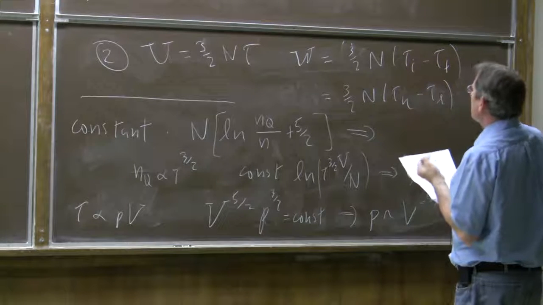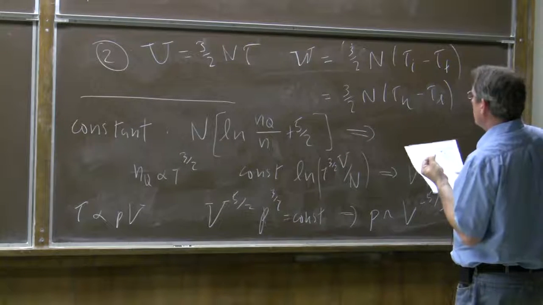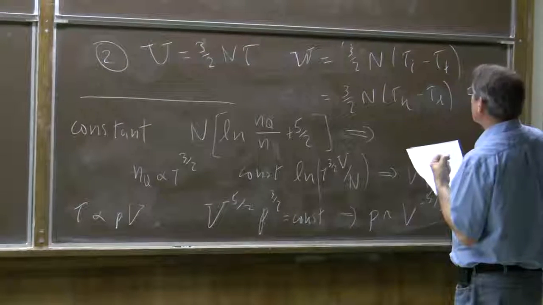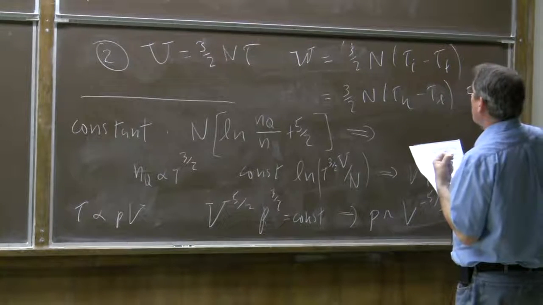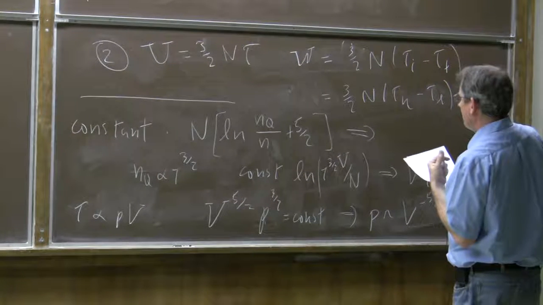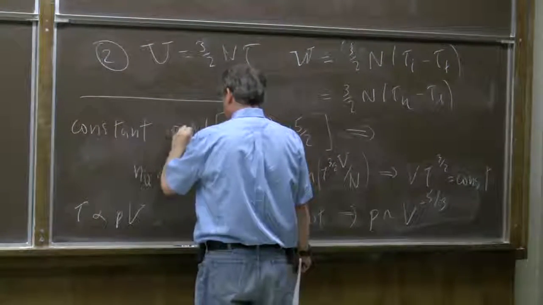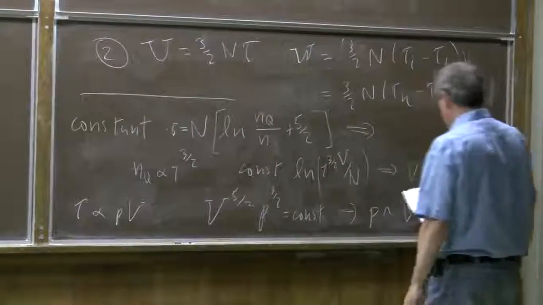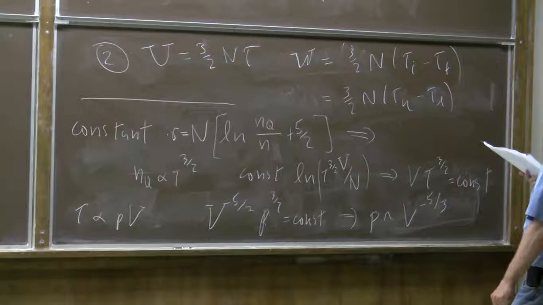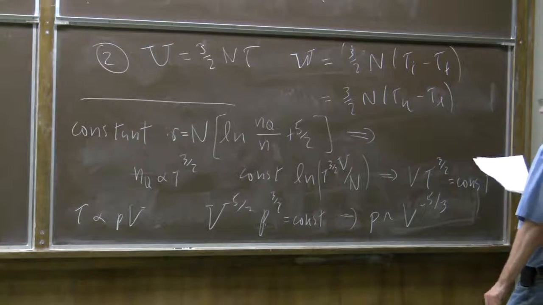Let's see. So, well, at least we can say this, right? What's the change in the entropy during the isothermal strokes, which we need to know what the heat flow is. And since the entropy is given by this, when it's isothermal, the temperature and N are fixed, so the entropy is going like the log of the volume.